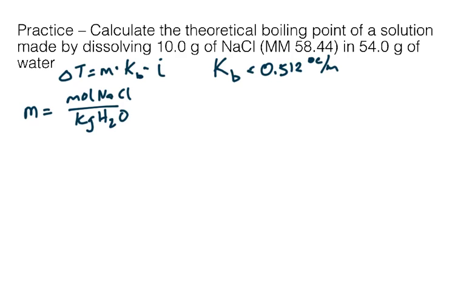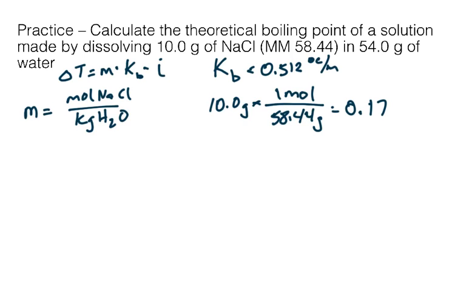So my moles, 10.0 grams times 1 mole of sodium chloride per 58.44 grams, gets me 0.171 moles of sodium chloride.